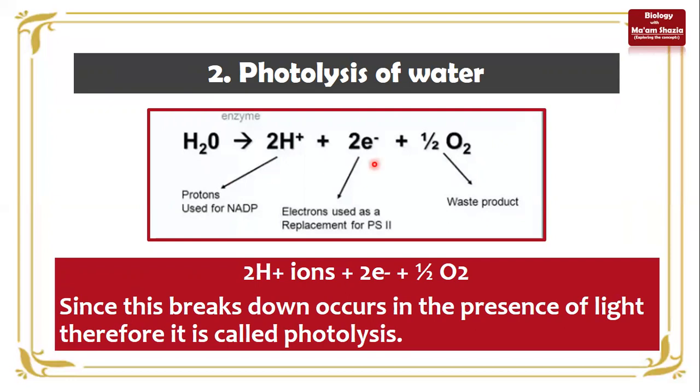It provides two electrons for the stability of the chlorophyll molecule, oxygen for the replenishment of atmospheric oxygen, and two hydrogens for the production of another high energy compound, NADPH. Two hydrogens, this reaction you need to learn. Since this breakdown occurs in the presence of light, it is called photolysis.